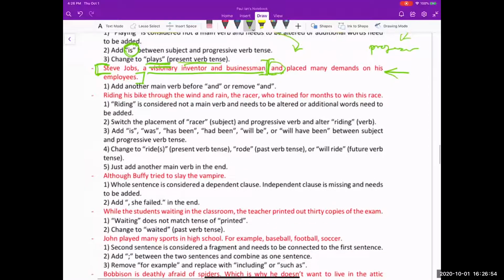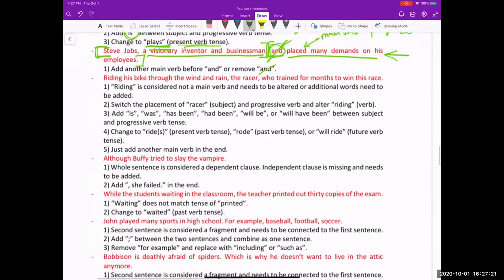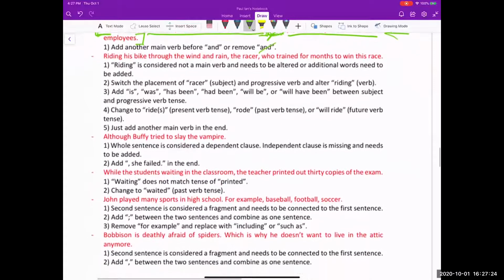So what I would do here, the easiest thing would be to remove "and" and read it: Steve Jobs placed many demands on his employees. This is not progressive, it's a past tense, so it counts as a main verb. So the easiest one would be just to remove this. Does that make sense? Do these rules make sense for this one?